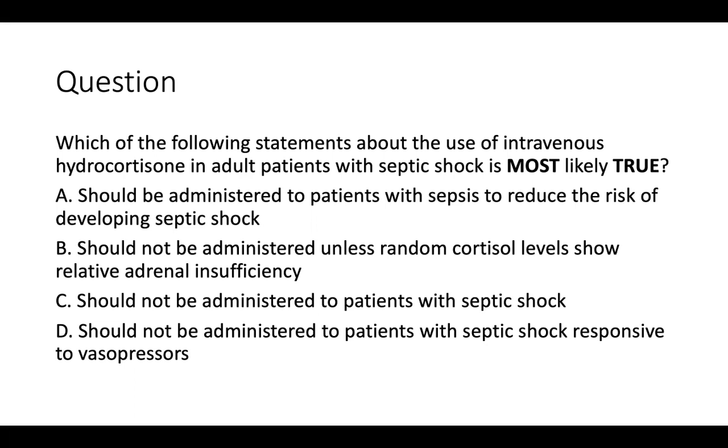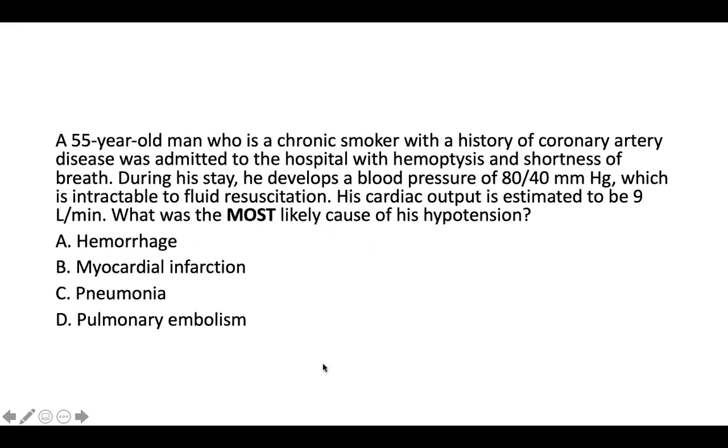So this is part of the Surviving Sepsis campaign, and the answer is D. They should not be administered with septic shock responsive to vasopressors. All right, let's go on to the next question.